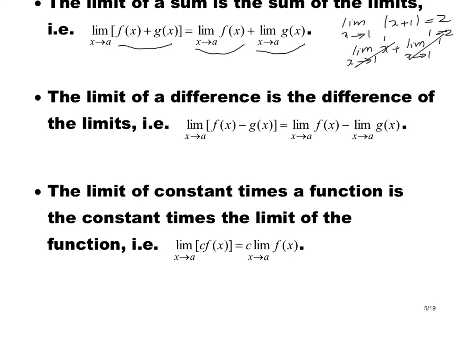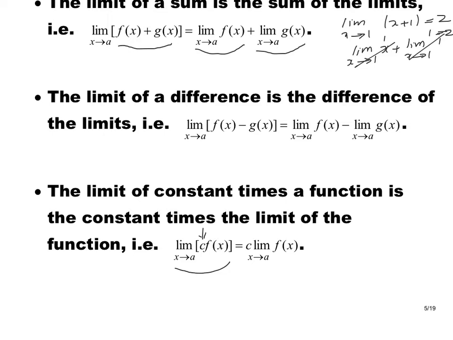The next property says that if you have a function of the form a constant c times a function, to find the limit of the combined function when x goes to a is the same as saying the constant times the limit of the function when x goes to a, which somehow uses the first property, that the limit of a constant is the constant.